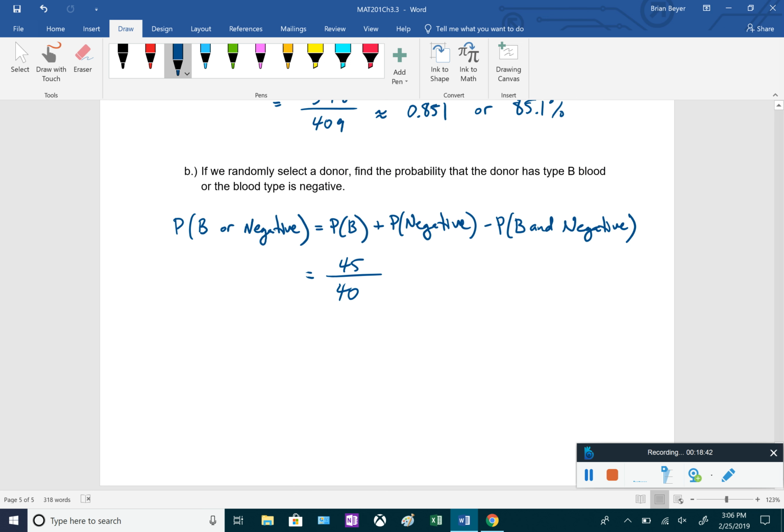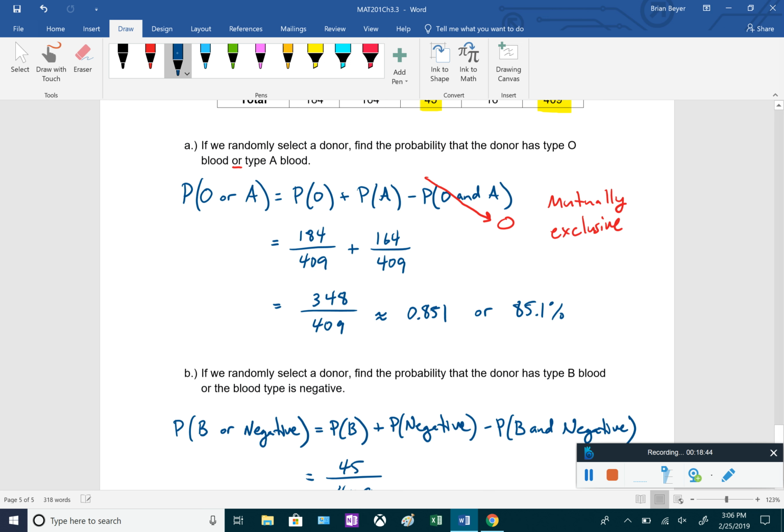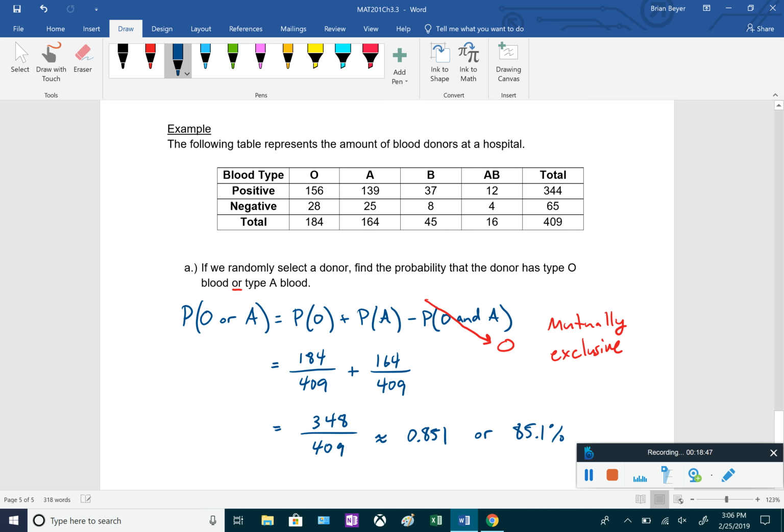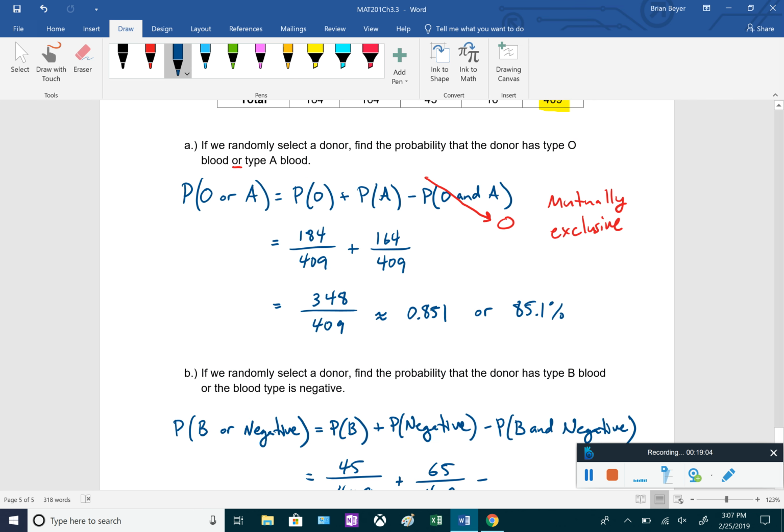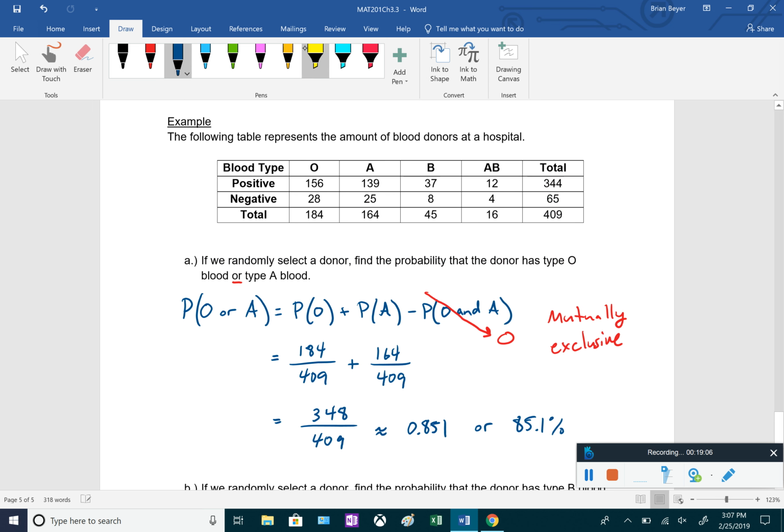Next, for the negative, that's going to be the row this time. So the total in that row for negative is going to be 65 divided by 409. So plus 65 over 409, minus that they're type B and negative. Type B and negative just means B negative, which is 8. So we see where they intersect on the table. So it's 8 over that 409.